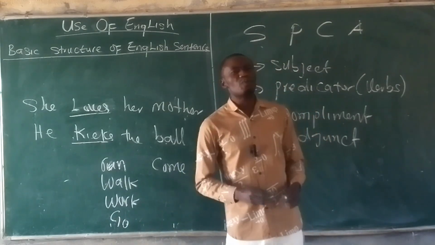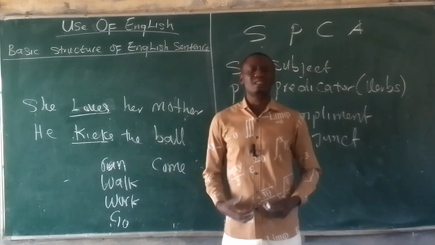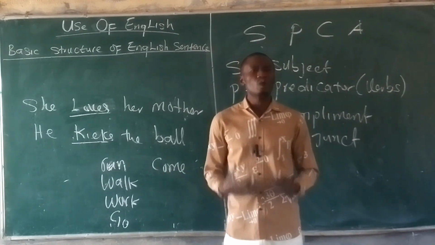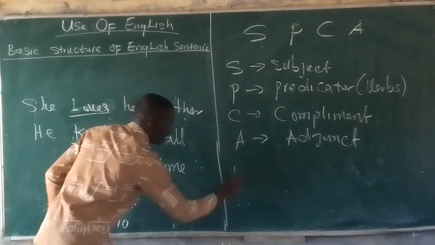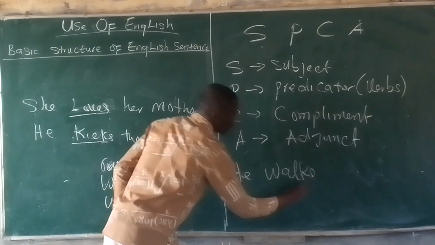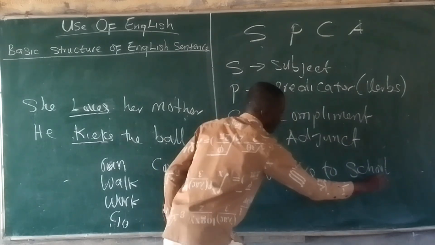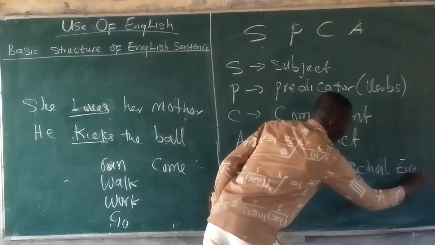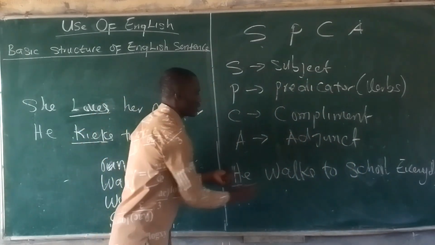Come. We're going to pick a subject and combine it with one of these verbs and see the sentence structure we could make out of it. Let's take this sentence. He walks to school every day. He walks to school every day. He, that's the subject.